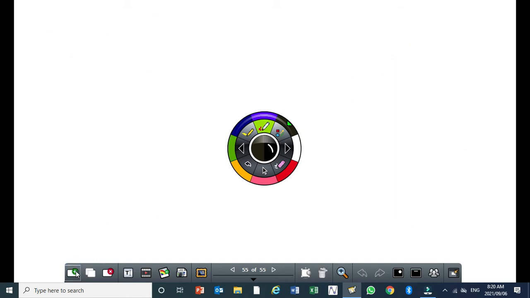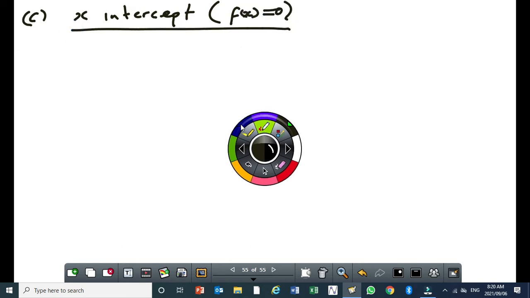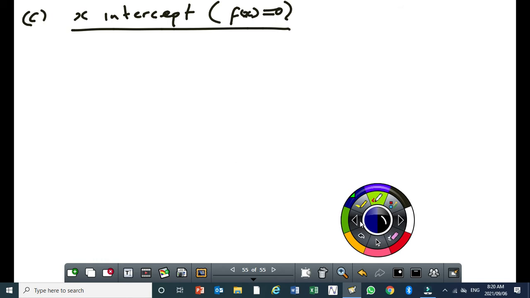X-intercept. Remember, you get this when f of x is 0. So our general equation is f of x equal to a over x plus q.